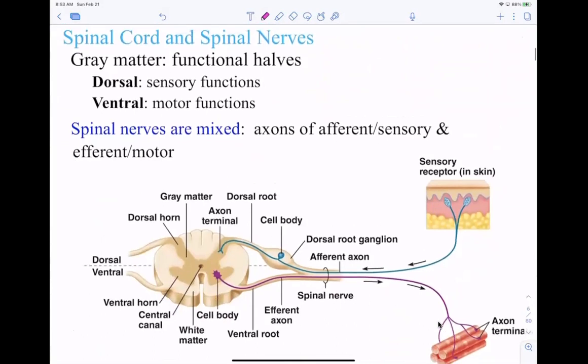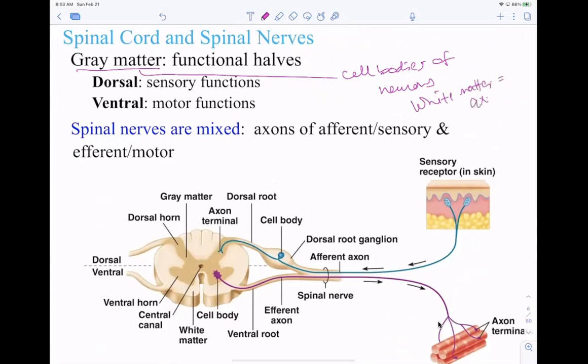So gray matter, that is the cell bodies. So gray matter are cell bodies of neurons, and the white matter are axons. So gray matter, you have the horns, right?